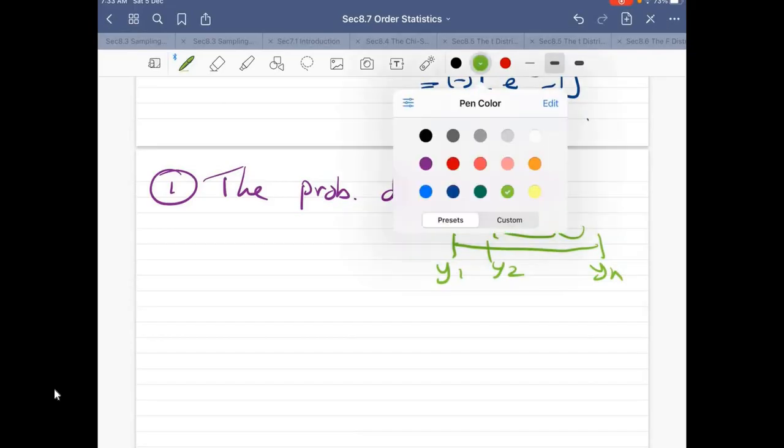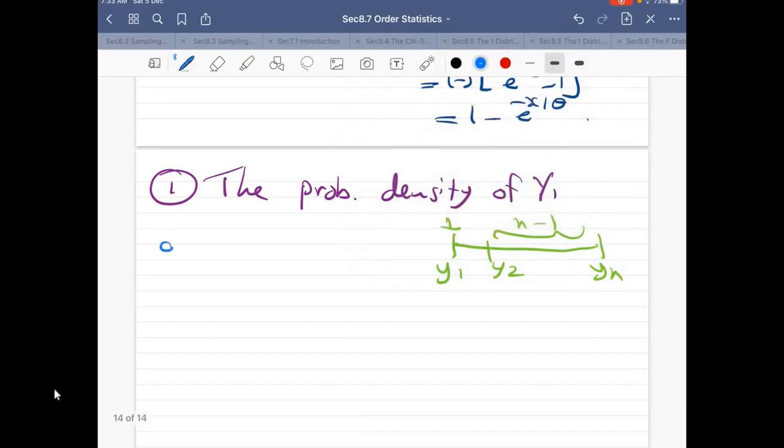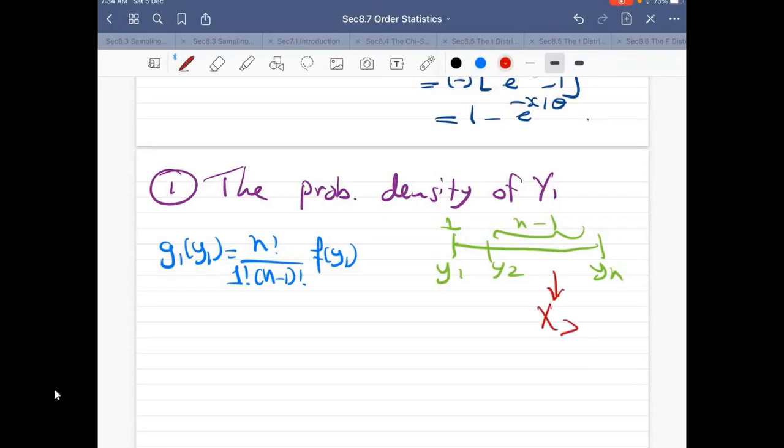I have here 1 variable, and g1 of y1 will be n factorial divided by 1 factorial into n minus 1 factorial, the density at y1, into the probability for these variables, x greater than y1, which is 1 minus the CDF, 1 minus F capital at y1 power n minus 1.